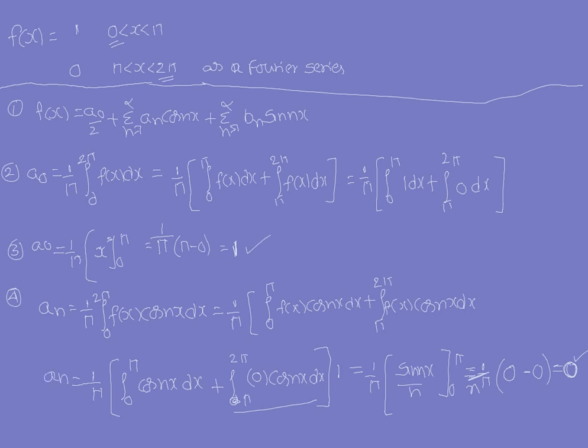Okay, next we are going to find out the value of bn. So bn is equal to, what is the formula? bn is equal to (1/π) ∫ from 0 to 2π of f(x) sin nx dx. That is equal to (1/π) times this integral you can write as ∫ from 0 to π of f(x) sin nx dx plus ∫ from π to 2π of f(x) sin nx dx.